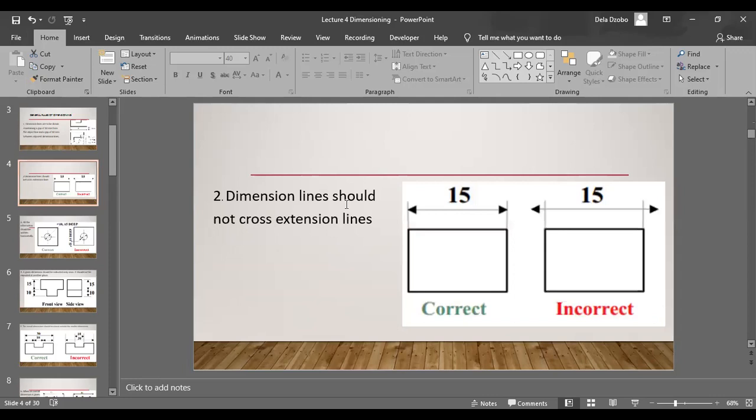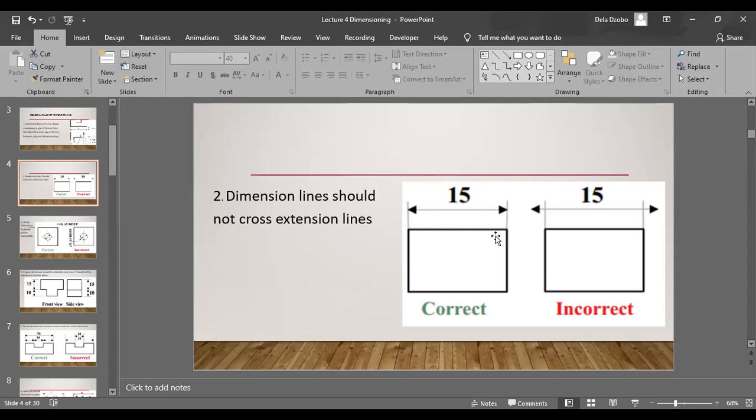Now the second rule says that dimension lines should not cross extension lines. So here is our dimension line, and this thin line here is showing the extent of this length.